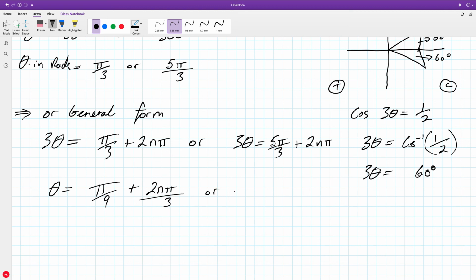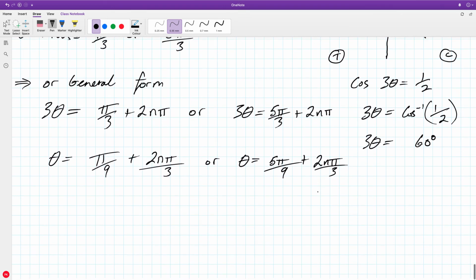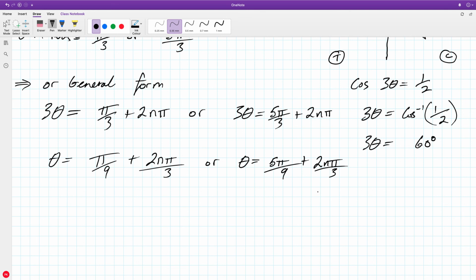Or theta is equal to 5 pi divided by 3, which is 5 pi over 9 plus 2n pi over 3. And then you start off, leave n equal to 0, n equal to 1, and n equal to 2.